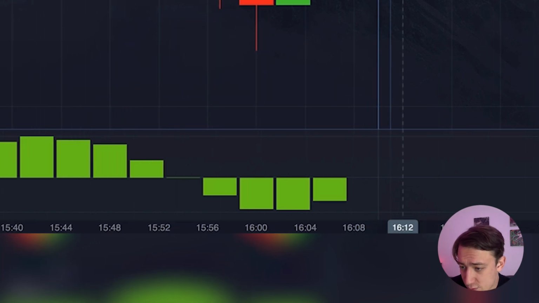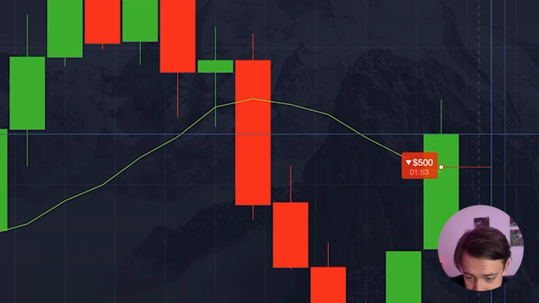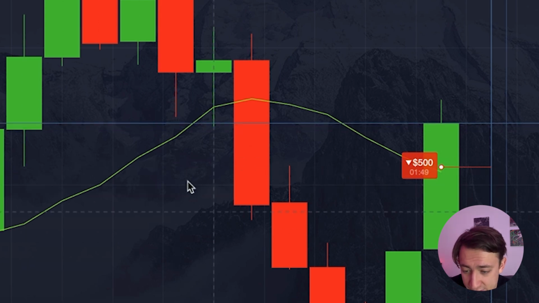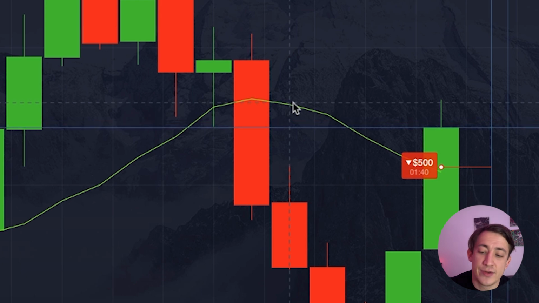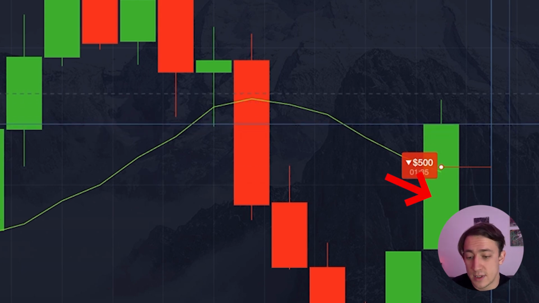So the second, we look at the moving average, and if that indicator has the green curve line directed to a downward position, that's the signal to enter a down trend.